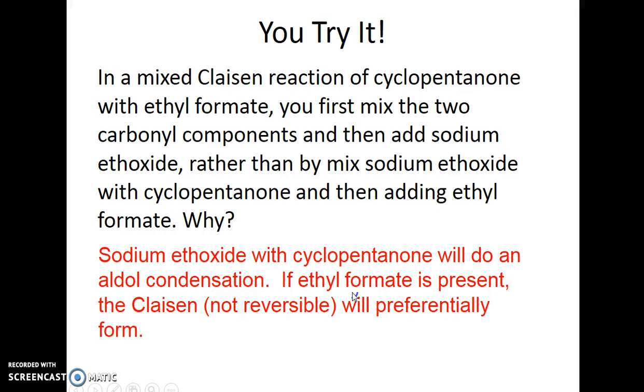If you have ethyl formate present, as the enolate forms, you're going to start having the Claisen condensation occur on the ethyl formate, and it will accumulate the Claisen condensation product, and you are not going to have reversal of that reaction that allows the aldol condensation to occur.